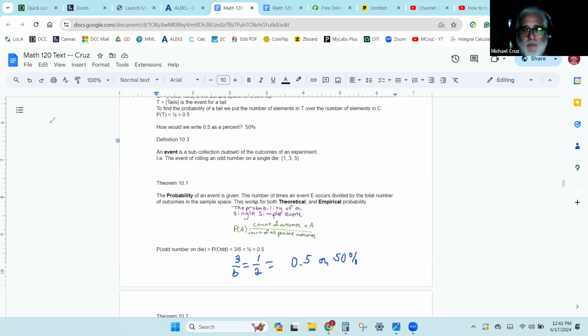So once you boil it all down, rolling a single die and getting an odd versus even is like flipping a coin. Half heads, half tails, half odds, half evens.